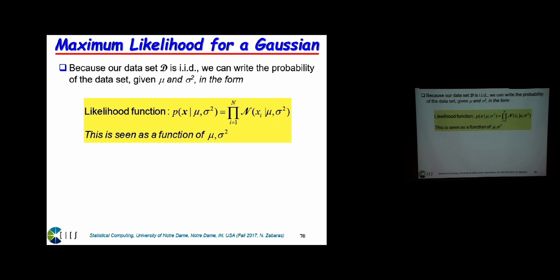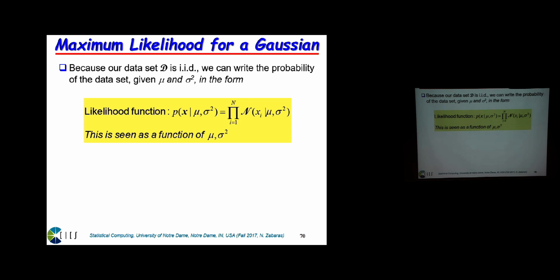The distribution parameters, mu and sigma squared. So don't think of the likelihood as a probability distribution. Think of it as a function of the parameters. Often we're not even going to bother to normalize this or anything like that. It is a function of the parameters. We need the parts of this probability that relate to mu and sigma squared, because this is what we need to optimize.